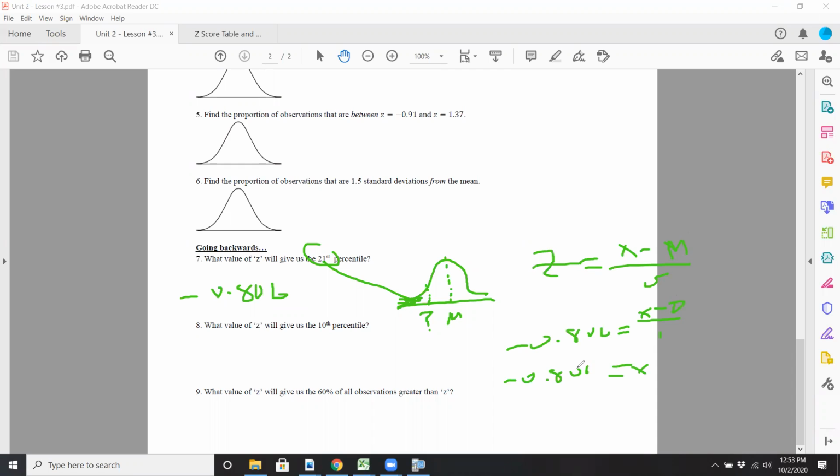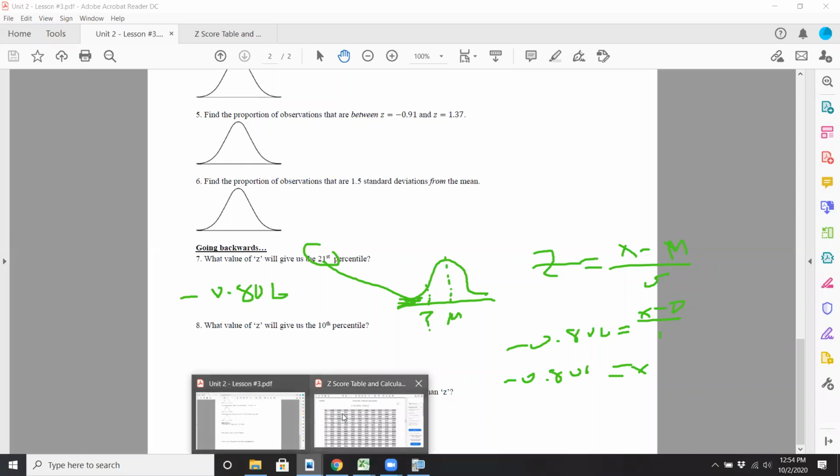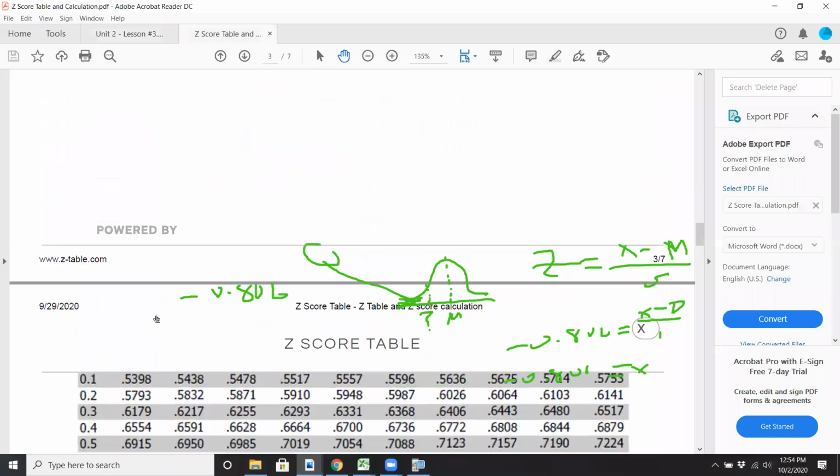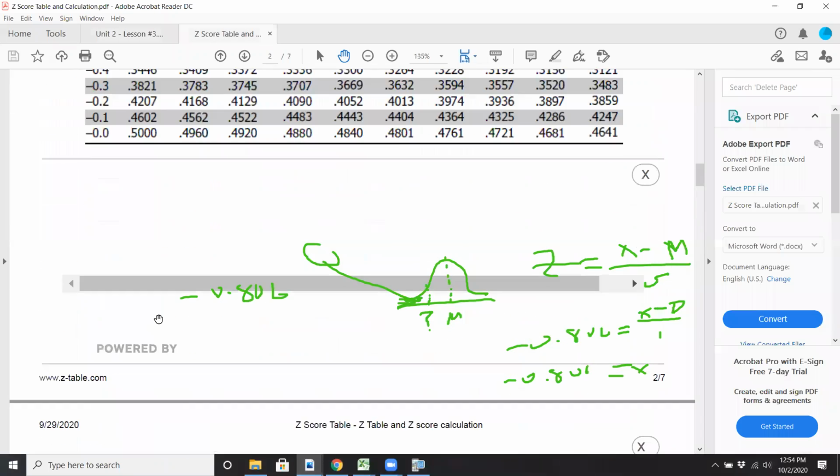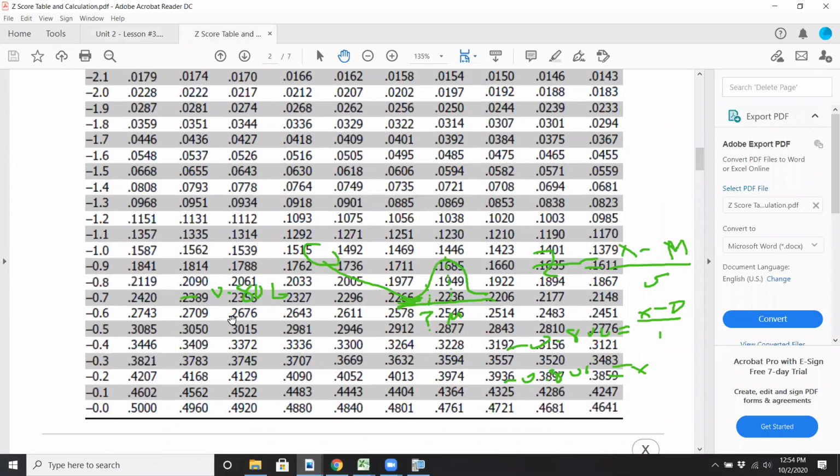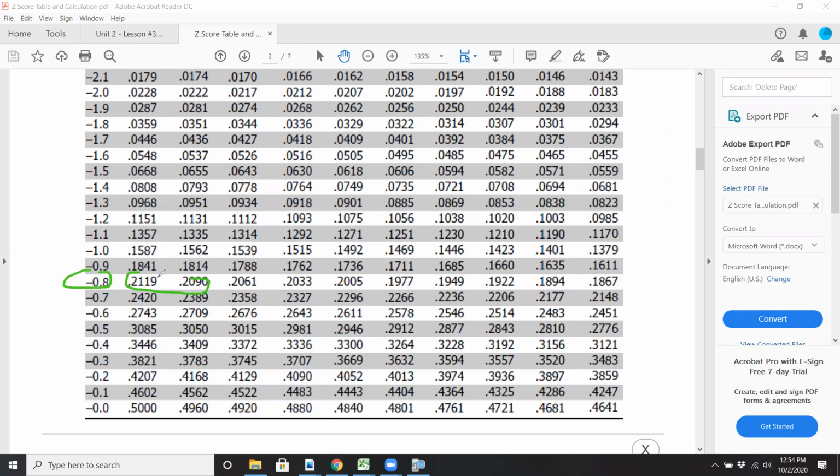Yeah, so that's how we get that percent. And plus, we could even look at the table, locate anything that's close to 21%, which is probably in this range over here, which is about negative 0.805 or so. Yeah, so that's what we got.